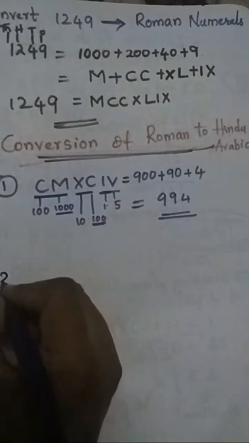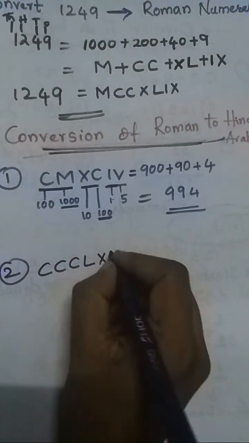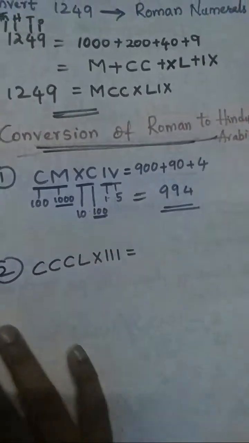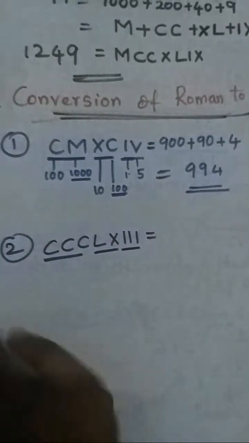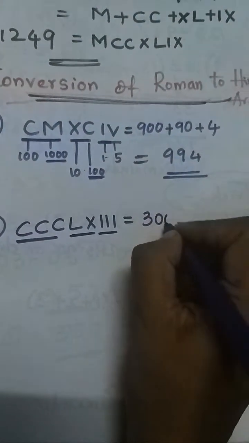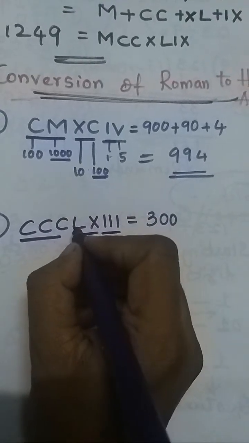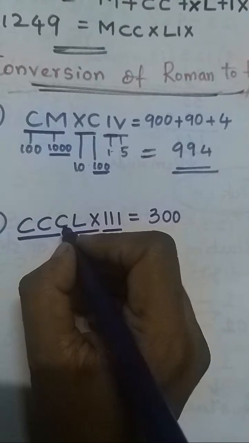Now second example, CCCLXIII. Now see here, combine all these values. C is repeated 3 times, so CCC means 300, and L means 50.